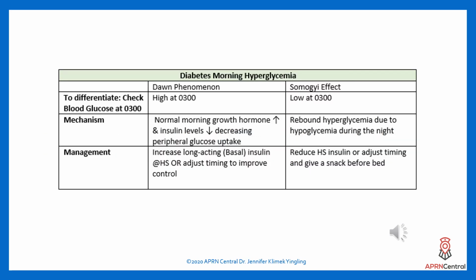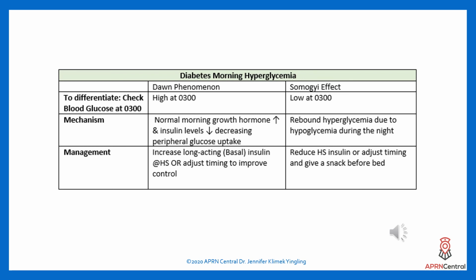Things that you need to think about if your patient is having morning hyperglycemia, okay? So the time that you would need to check the blood glucose to differentiate between dawn and Somogyi effect is 3 a.m. So dawn phenomenon, they're going to have a high blood sugar at 3 o'clock in the morning.